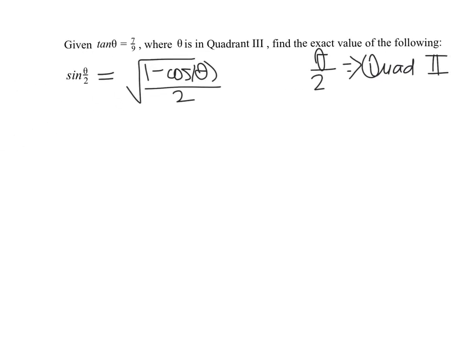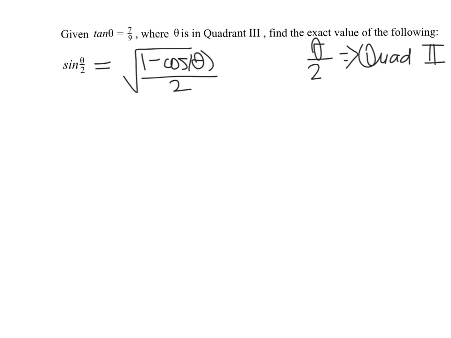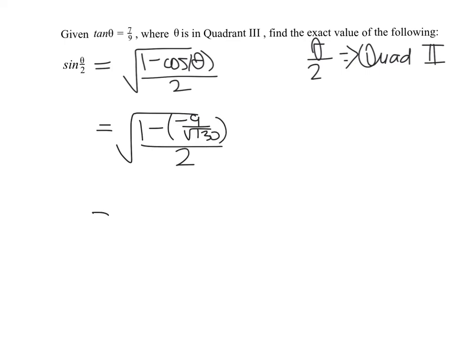So now I can go ahead and plug that ratio into my formula. So we get the square root of 1 minus negative 9 over radical 130 all over 2. And I'm going to combine two steps here. I'm going to write it as a single fraction, and if you notice, change the minus and negative to addition.